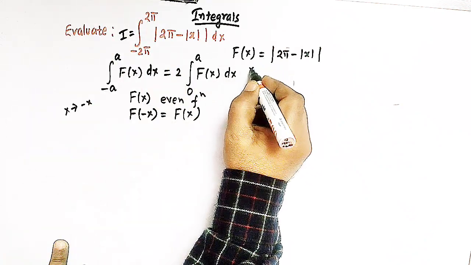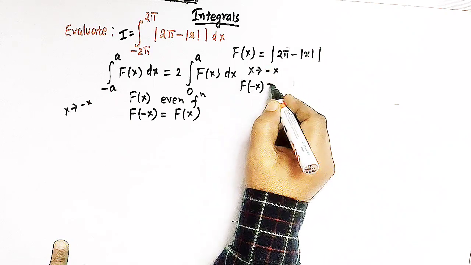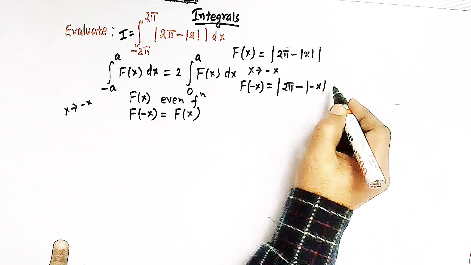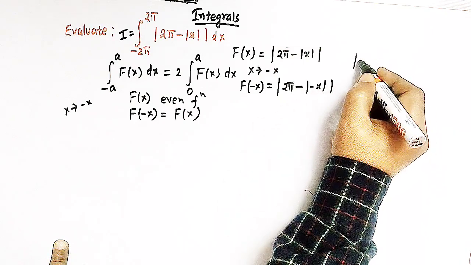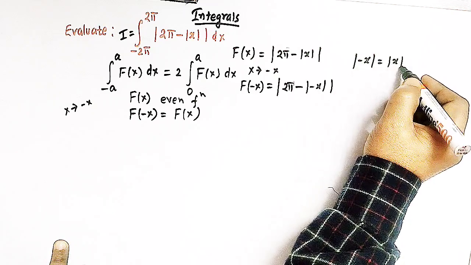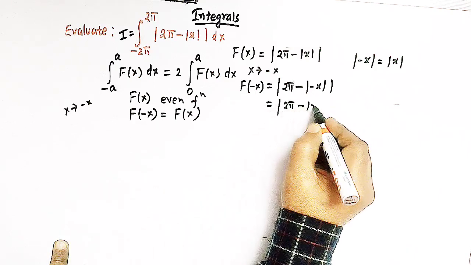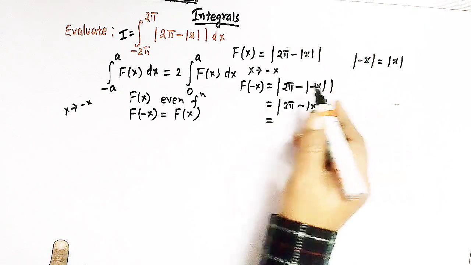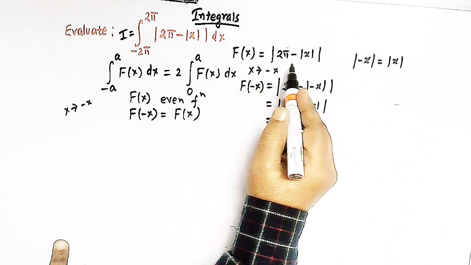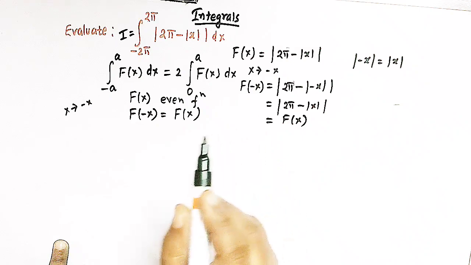If we replace x by minus x, then we have f of minus x equal to mod of 2 pi minus mod of minus x, and we know that mod of minus x is simply mod of x. So we have mod of 2 pi minus mod of x, which is simply the function f of x. We can see that our integrand is an even function.